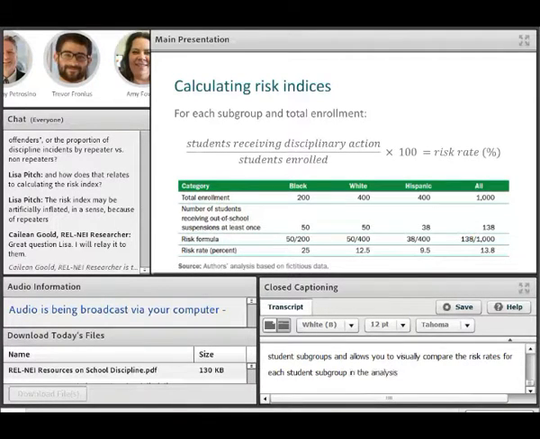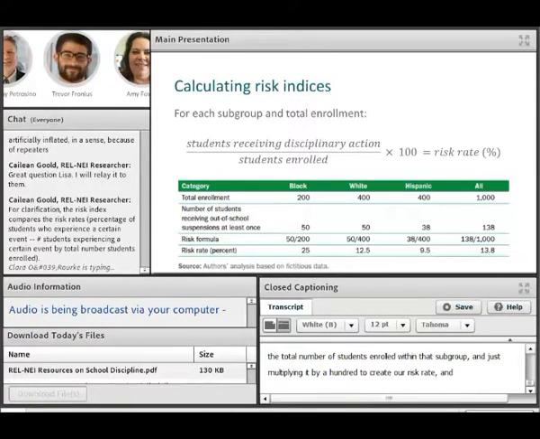So we can see it's a fairly intuitive set of numbers, where we are taking the total students that received any type of disciplinary action, perhaps exclusionary discipline, and dividing that by the total number of students enrolled within that subgroup and multiplying it by 100 to create our risk rate, and then comparing those rates across the student subgroups visually.